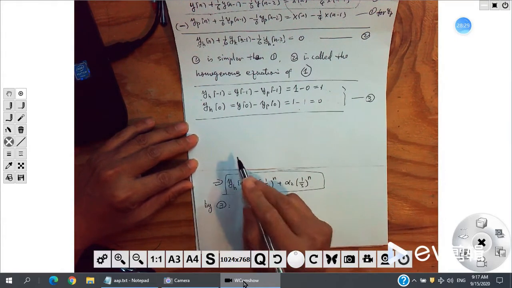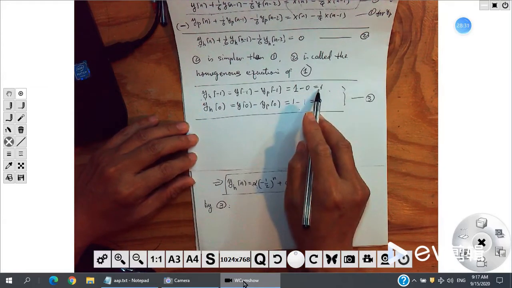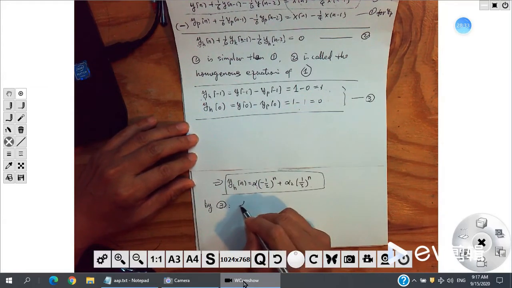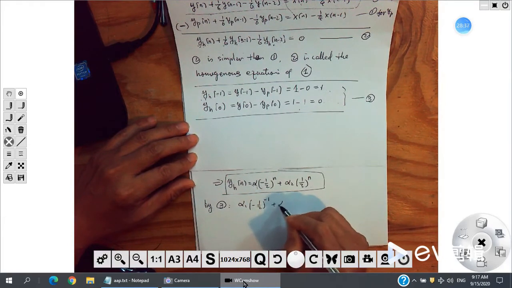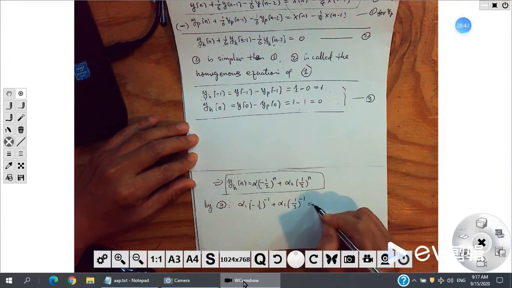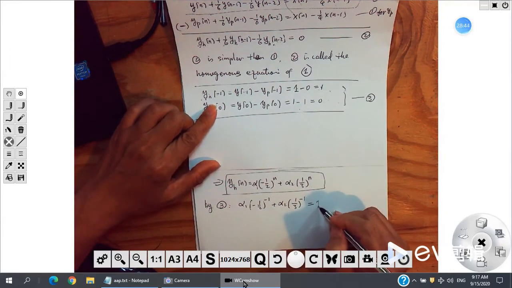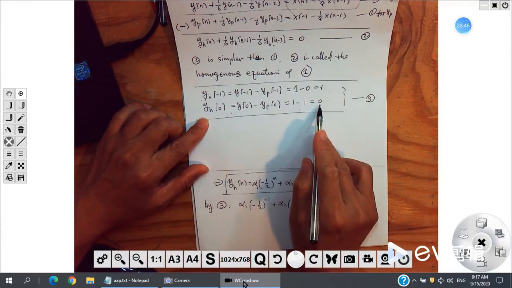So by initial condition 3, we have y_h at negative 1 is 1. So I have alpha 1 times negative 1/2 to the negative 1 plus alpha 2 times 1/3 to the negative 1. This must be 1. And when n is 0, it is 0, right?